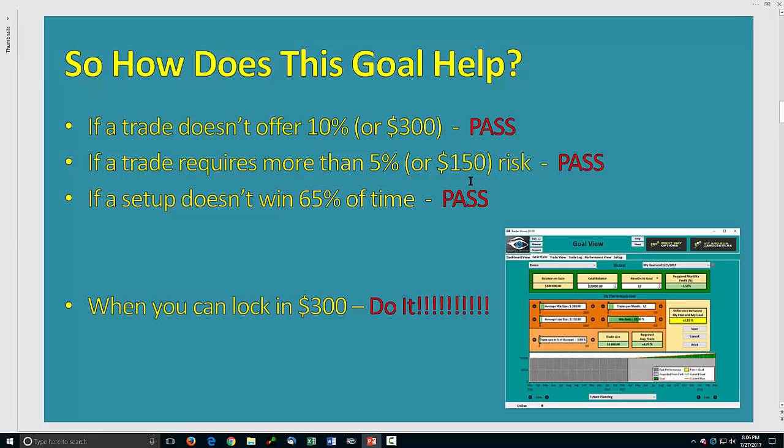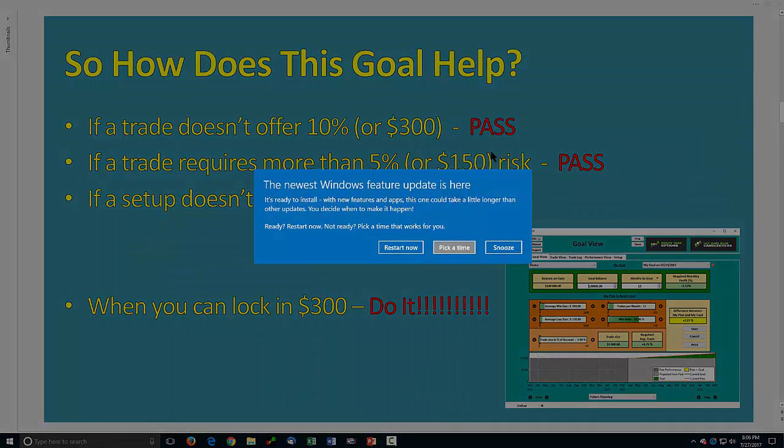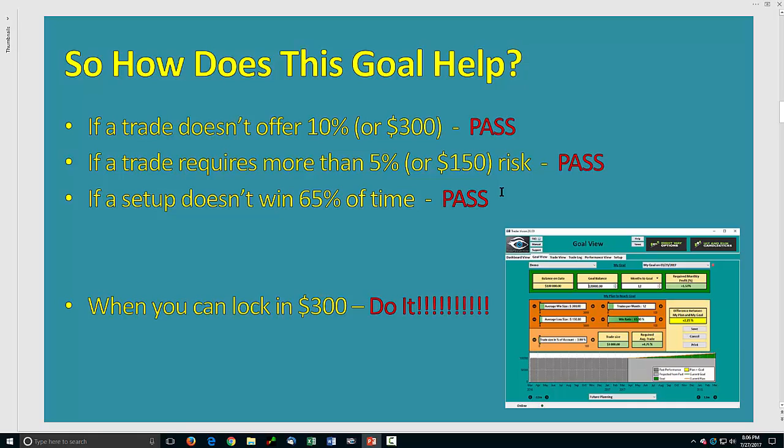So if I've got to risk $500 in a setup, even if it's got a $1,000 upside, that's probably too much risk to take, and you need to pass. If you can't reconfigure that trade to lower the risk, you're taking more risk than you should.